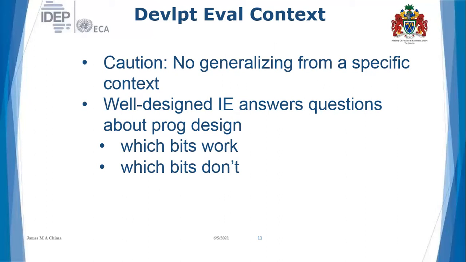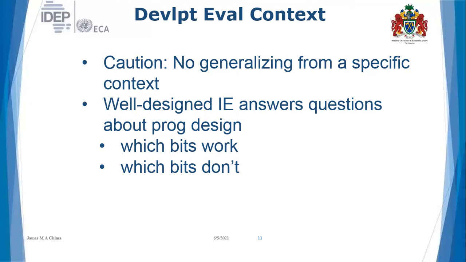As we'll see later on, in designing the program intervention, it is located in a set of assumptions. And when those assumptions are in tune during implementation, then we see a design that works.